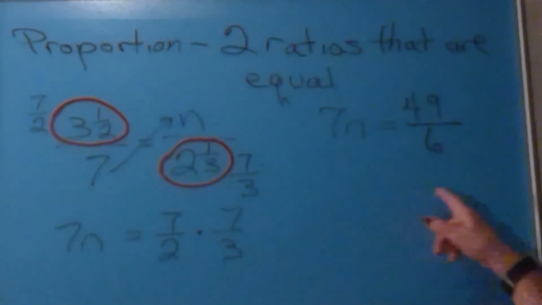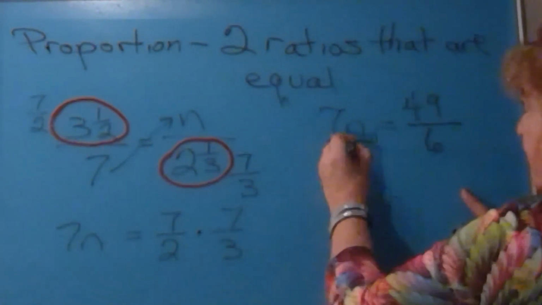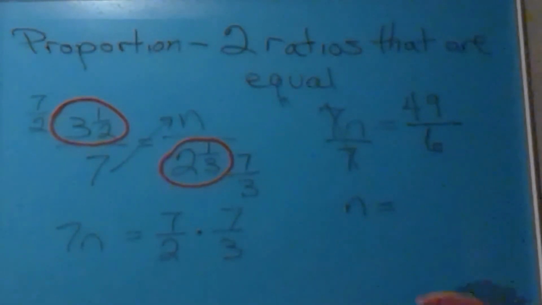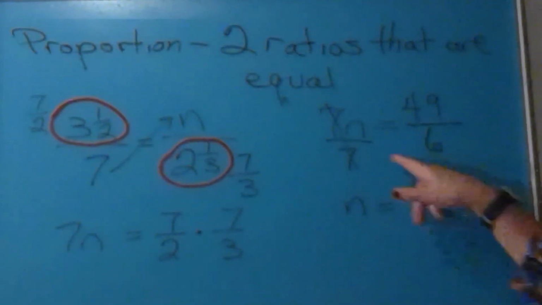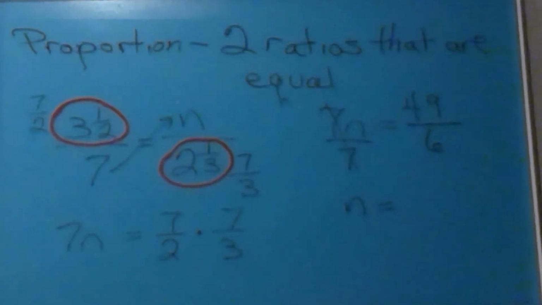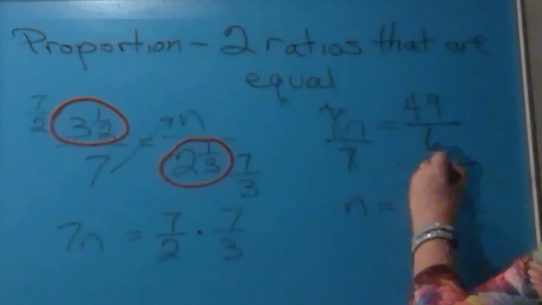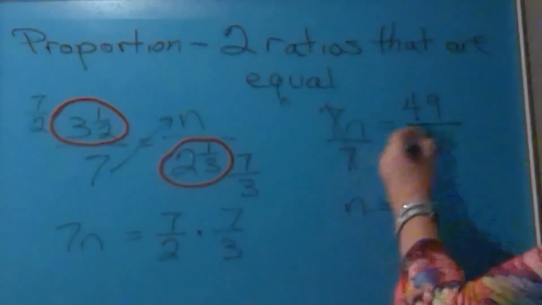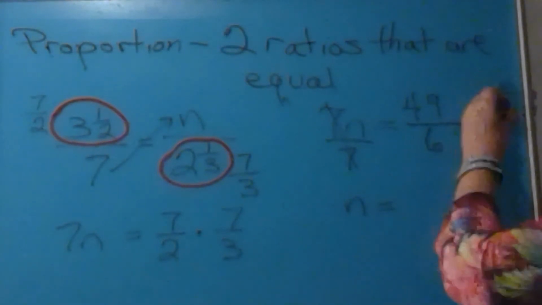You can work with that. You're going to divide by 7. That gives me n. Don't show this as dividing by 7, for instance, like that. That's going to get confusing and you're not going to know what to do. Dividing by 7 is the same as multiplying by 1/7.